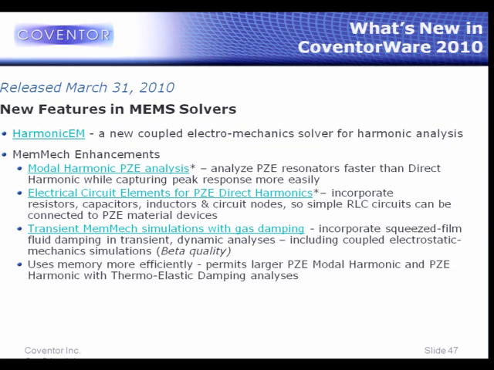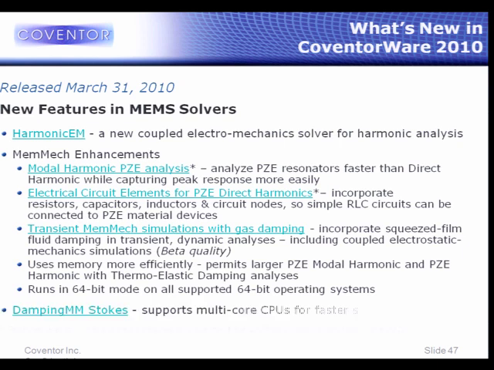And the solvers, the MEMMECH solver in particular, use memory more efficiently. We keep improving the speed and capacity of the solvers. So right now, MEMMECH will run in 64-bit on a 64-bit operating system. The next release of CoventorWare will be 64-bit throughout the flow.